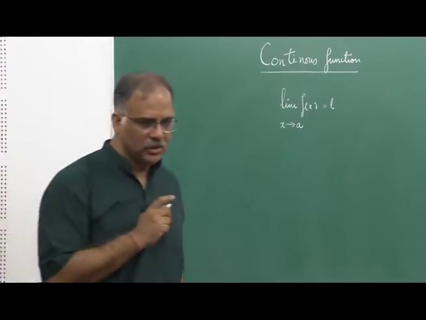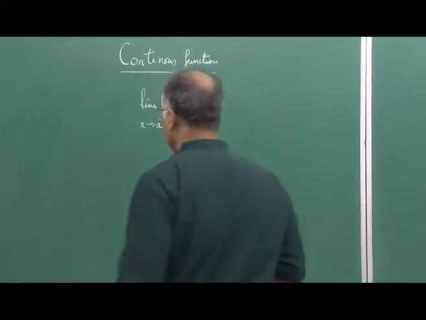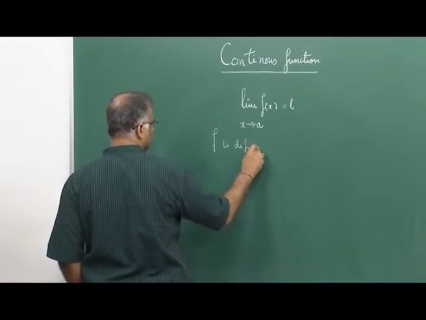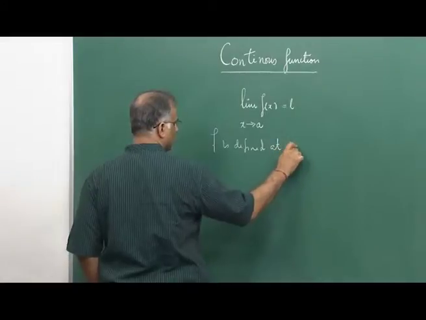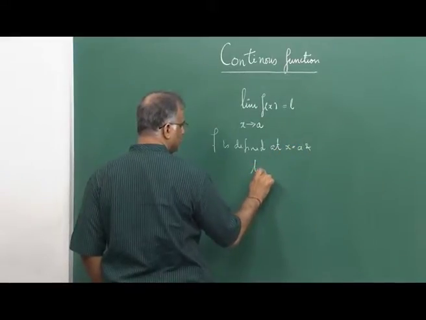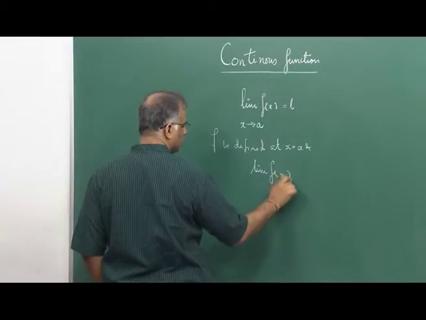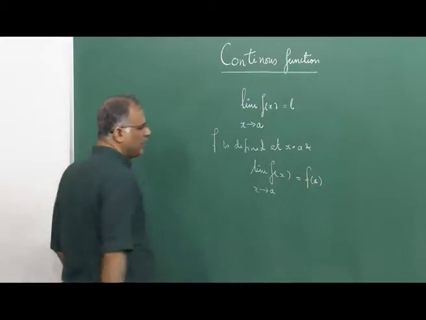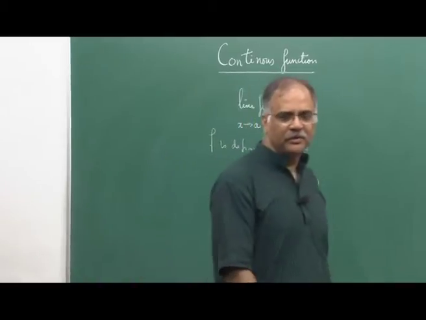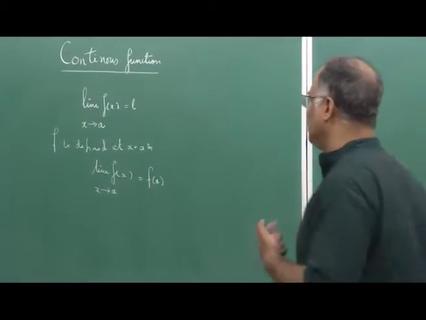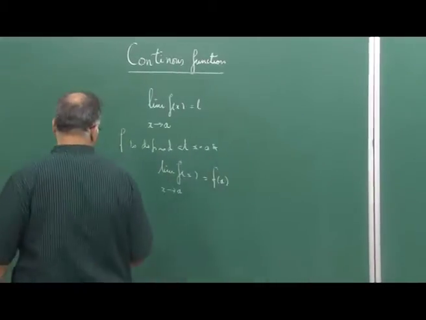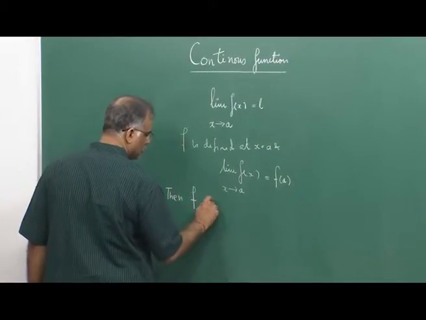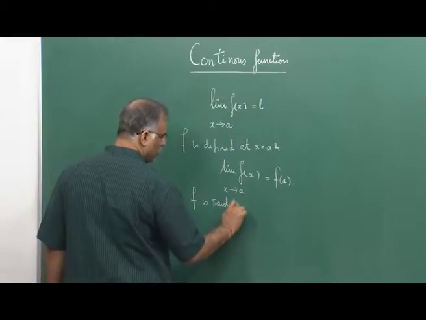But suppose luckily f is defined at a, and we have the limit of f(x) as x tends to a equal to f(a), then and only then we call the function f to be continuous at a.